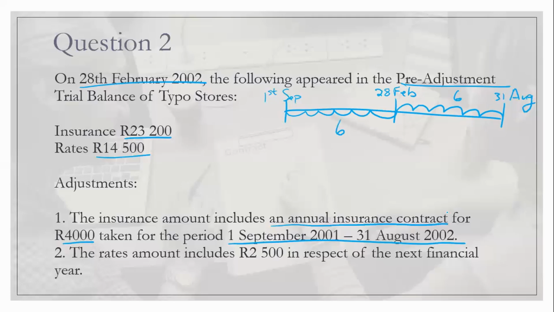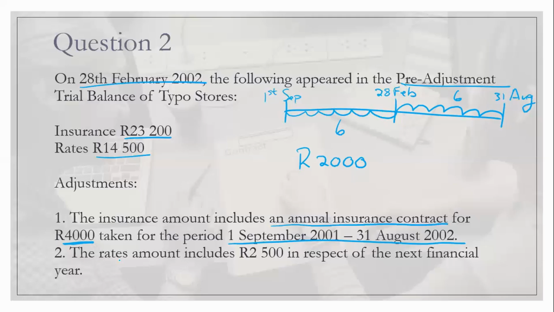Now the annual insurance contract was for 4,000 Rand, meaning that we have to only include how much money? Only 2,000 Rand. Good. So half of the year is half of the amount.